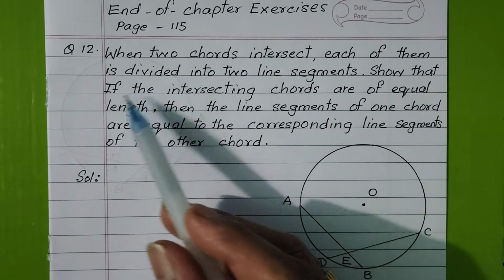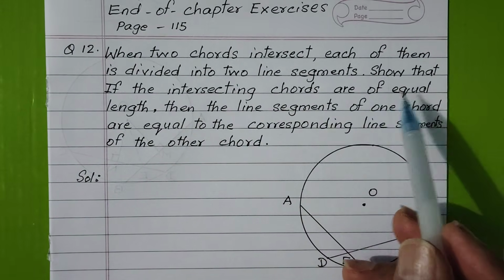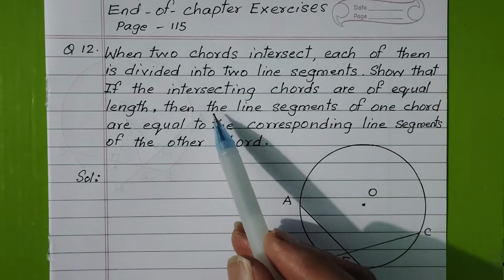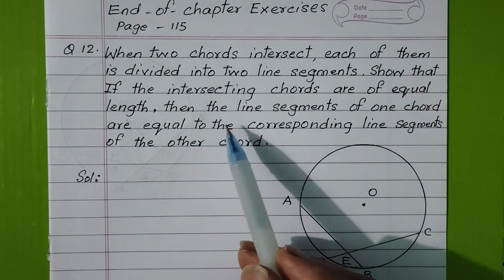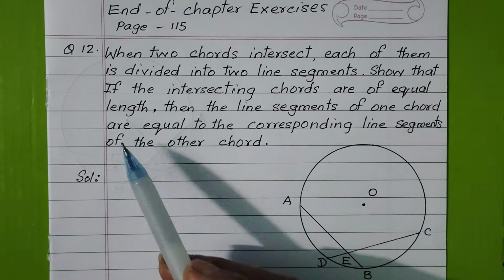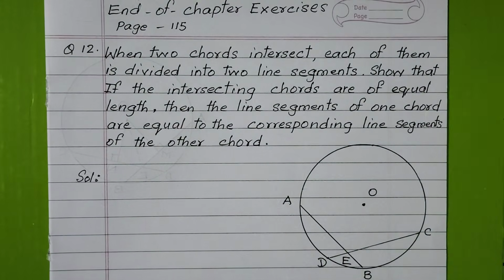Show that if the intersecting chords are of equal length, then the line segments of one chord are equal to the corresponding line segments of the other chord.